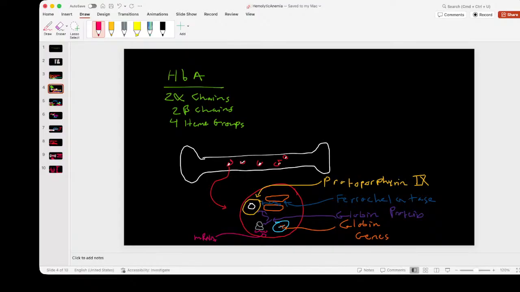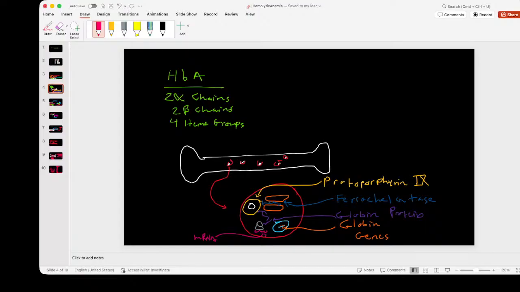And so hemoglobin by itself, as HbA, consists of two alpha chains and two beta chains, sorry, four heme groups altogether. So it is very essential to have adequate iron in the body.